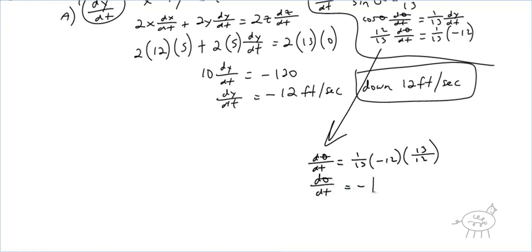Now again, always an application problem, like we talked about with science and engineering, it's going to be in radians. So your answer is -1 radian per second. And that's the answer to that. Okay? Not too bad.